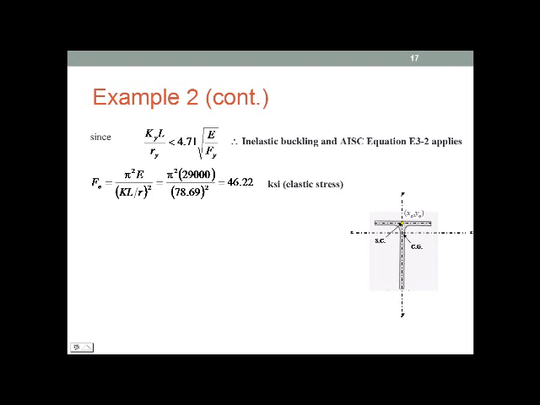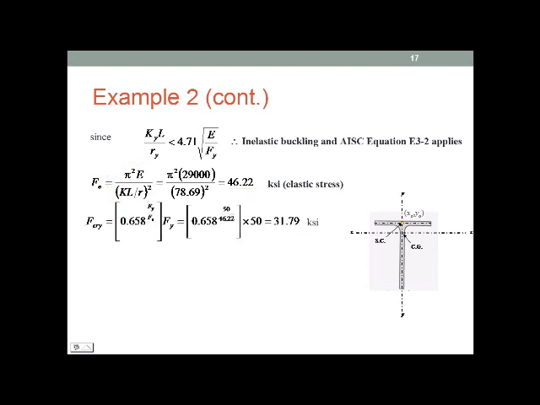Calculate the elastic stress Fe. Fe equals pi squared times E divided by the slenderness ratio with respect to y squared. Now if you substitute for the unknowns, you'll get Fe equal to 46.22 KSI.